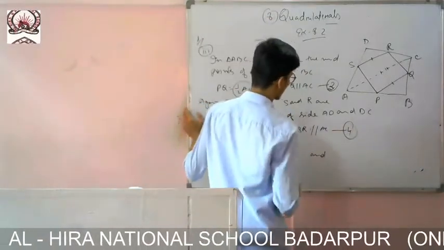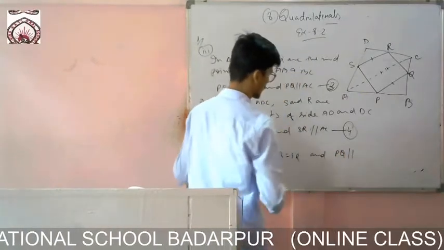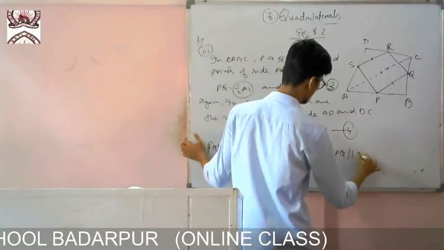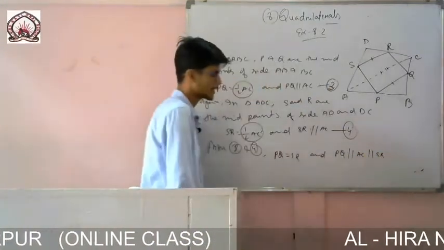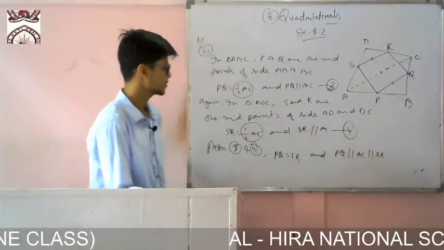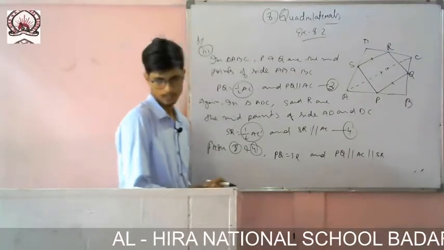And what am I getting here? PQ is parallel to AC. Again AC is parallel to SR. So PQ is equal to SR and PQ is parallel to AC, which is parallel to SR.